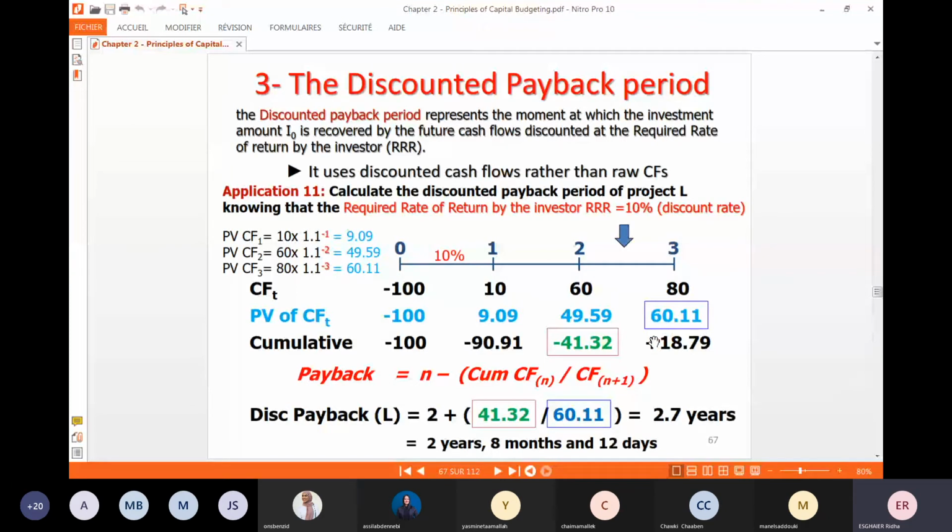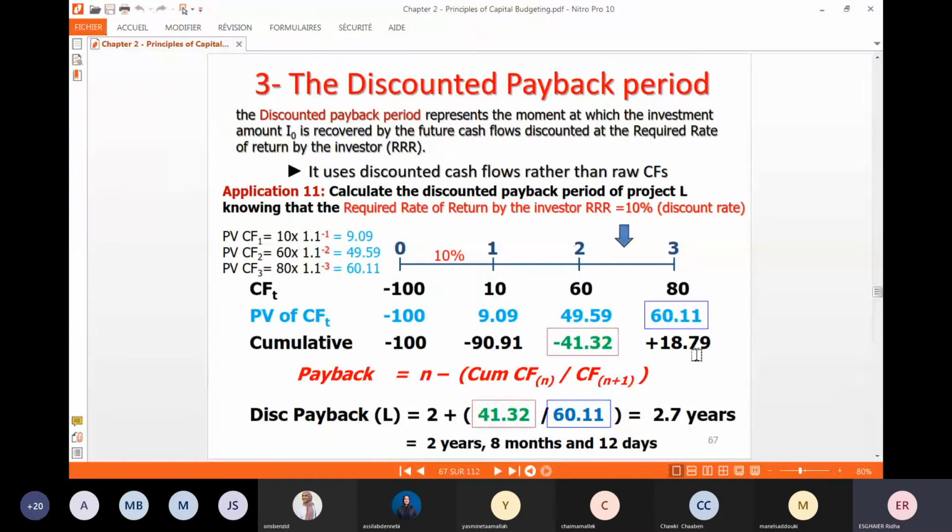Because it is cash flow 0 plus cash flow 1 discounted plus cash flow 2 discounted plus cash flow 3 discounted. To find the NPV, it is the cash flow 3 discounted, when you go to the last cumulative cash flow of the last year, 18.79. So the source of the NPV is the discounted payback when we push the analysis to the last year, when we take into consideration all its cash flows.